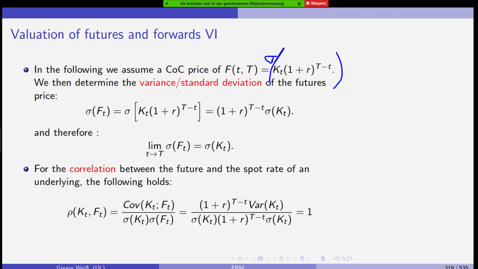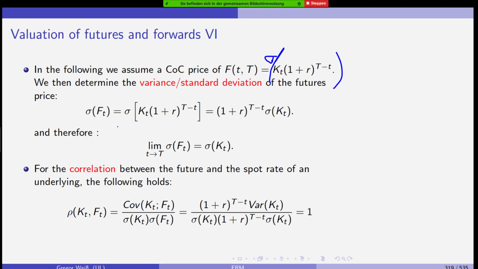Now, the standard deviation of the futures price is the standard deviation of K_t times 1 plus R compounded over the remaining term. And this is 1 plus R, the compounding factor, times the standard deviation or the volatility of the spot price.